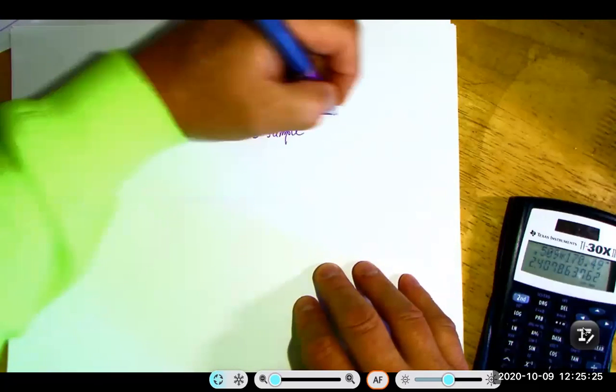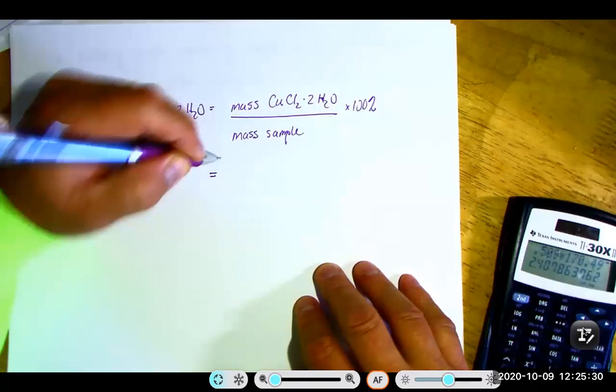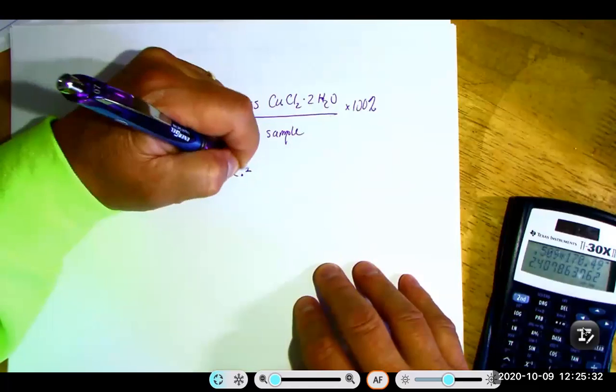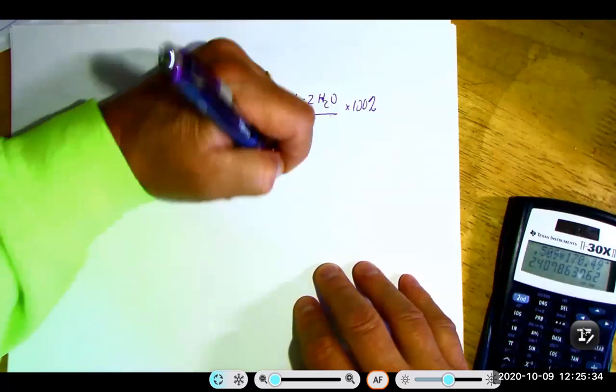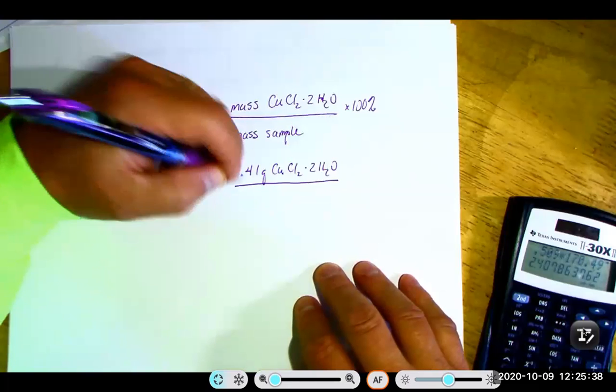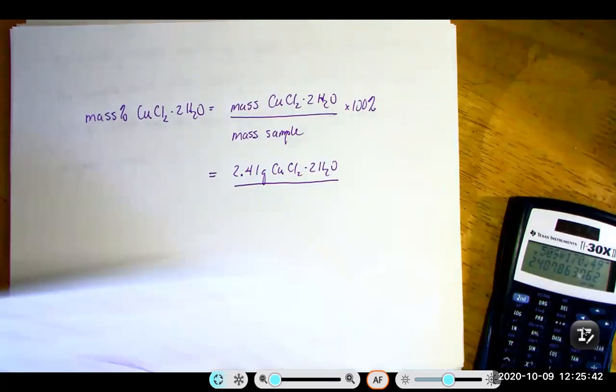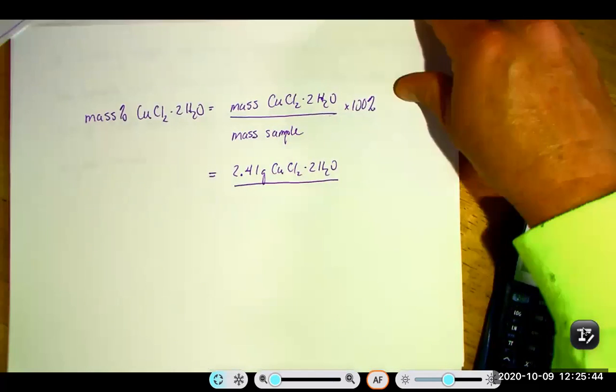times 100%. And here we just figured out that you have 2.41 grams of copper 2 chloride dihydrate. The original sample was 2.634.